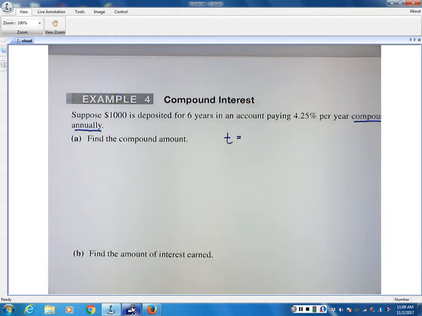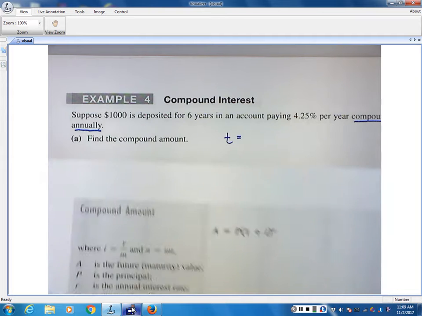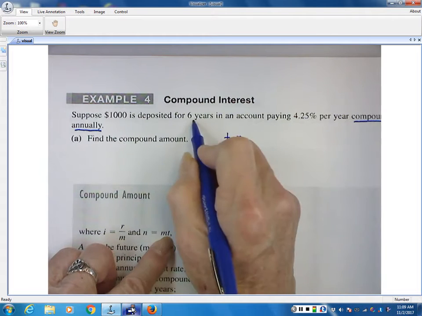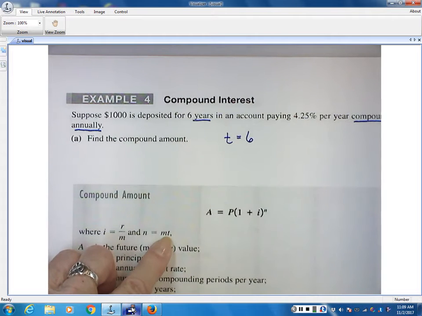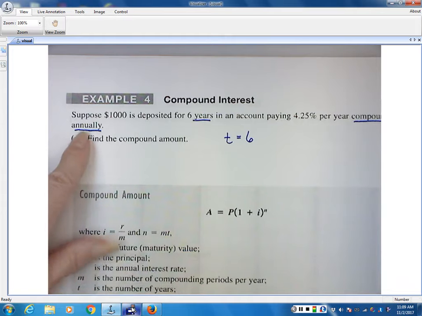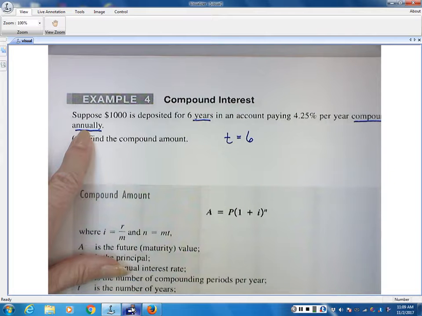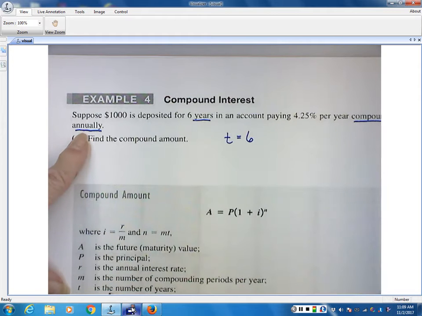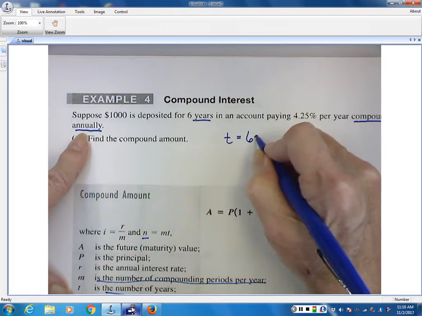So your actual time, going back to the formula here, your actual time is 6 years, but you're going to compound it annually, so you're going to compound it 6 times. So T is the number of years, but N is the number of compounding periods, and M is the number of compounding periods per year, so it's actually, in this case, times once a year.